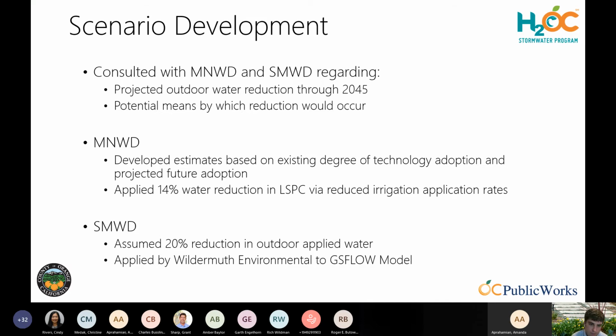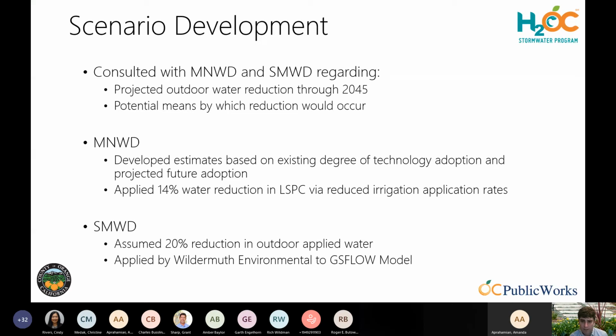We asked Santa Margarita and Wildemuth to estimate a realistic upper range for the Santa Margarita Water District service area, and the estimate they used in the model was about 20%. So these are pretty similar values used in these models.